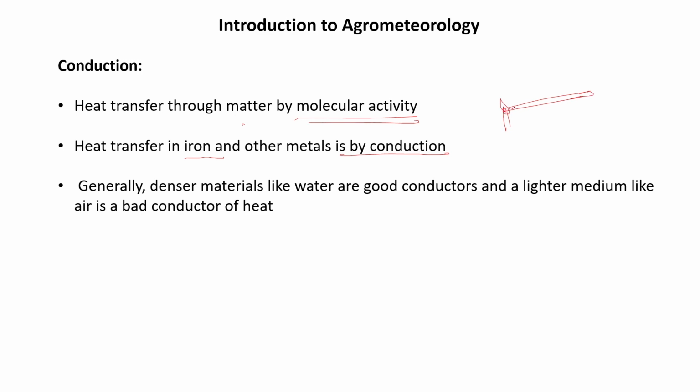The molecules are heated here and the heat is transferred from one molecule to the next, and ultimately when you hold this object with your hand, after some time this particular end also gets heated and you will leave this metal rod or the iron rod. Okay, so heat transfer in iron and other metals is by the conduction process.